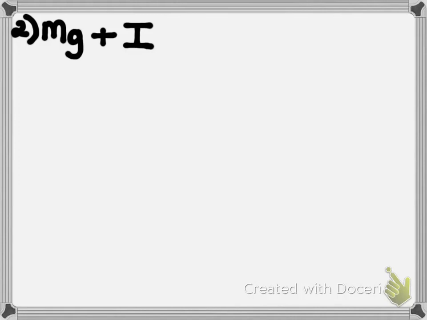Now for magnesium and iodine, magnesium is your metal and iodine is your nonmetal, which means magnesium is your cation, meaning it will be the one to give its electrons, and iodine is the nonmetal, meaning it will gain the electrons. And so the first step in these problems is first to identify what the charge is going to be on each element.